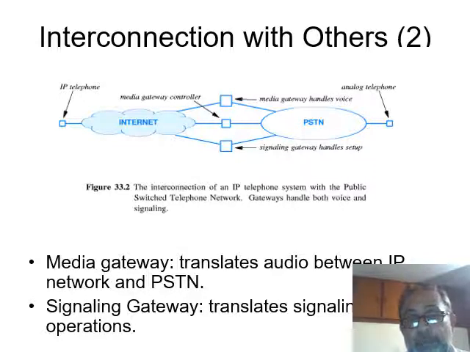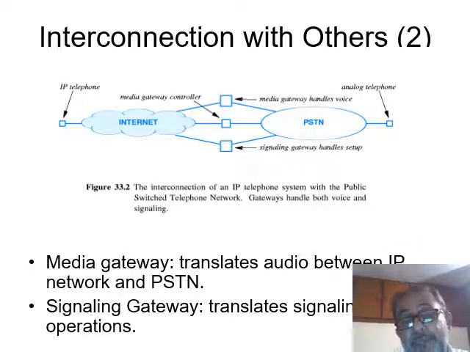So if we have a simple analog telephone and an IP telephone, they can communicate with each other, but the boxes that come in between would be like this. The analog telephone is connected to the PSTN network, and the PSTN network has connectivity with a media gateway controller, a media gateway, as well as a signaling gateway.